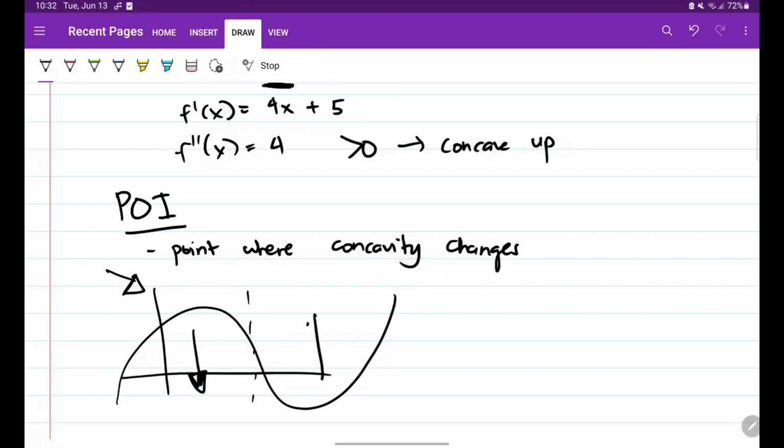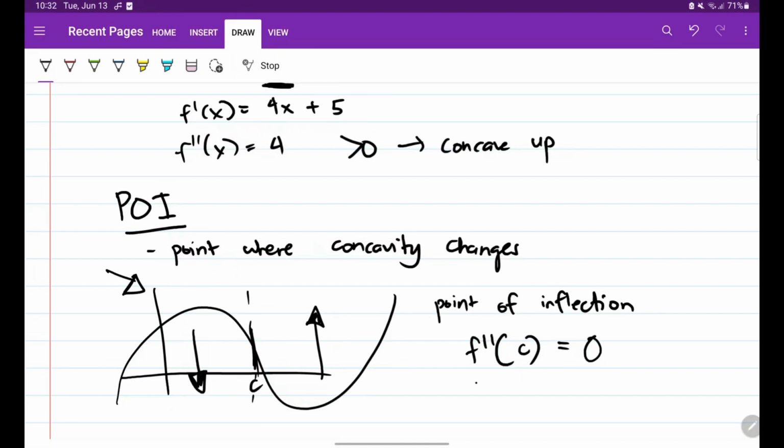Tama? And in this part, concave up siya. Okay? So, masasabi natin na point of inflection siya if the second derivative evaluated at some point c is equal to 0. Okay? So, at some point c, kapag tinake natin yung second derivative and naging equal siya sa 0, then that is a point of inflection.